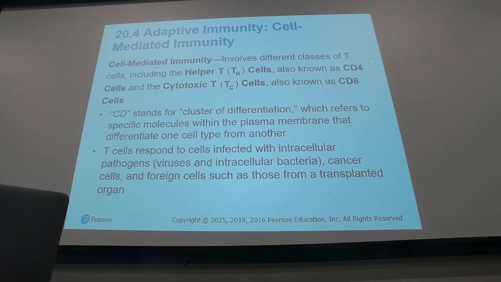So helper T cells have CD4, and cytotoxic T cells, CD8. These are molecular markers. If you see them under the light microscopy, there is no way to tell, well, this is a T lymphocyte, this is a B lymphocyte. And out of the T lymphocytes, this is a CD8, this is a CD4. No, they look so much alike. So you have to do molecular studies to know which type.